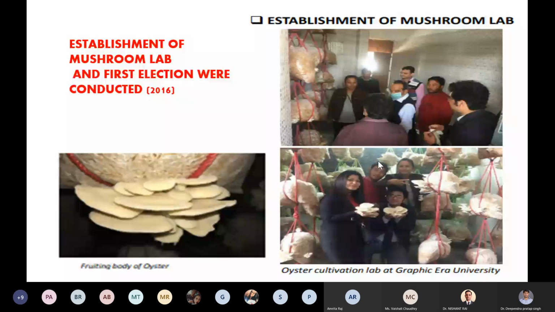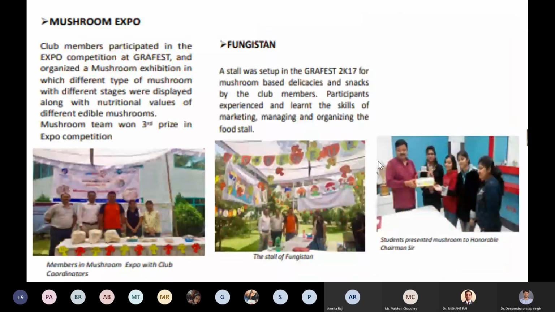These self-grown, indigenous mushrooms grown by the club members were used to organize a mushroom expo, known as Fungistan, at Grafest in 2017, where they displayed different stages of cultivation and nutrition posters showing the nutritional value of different edible mushrooms. They also won third prize in the expo competition.